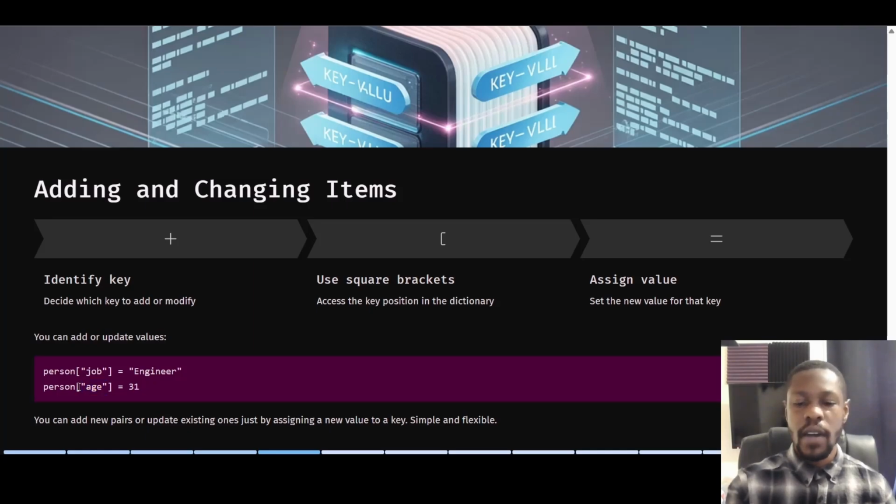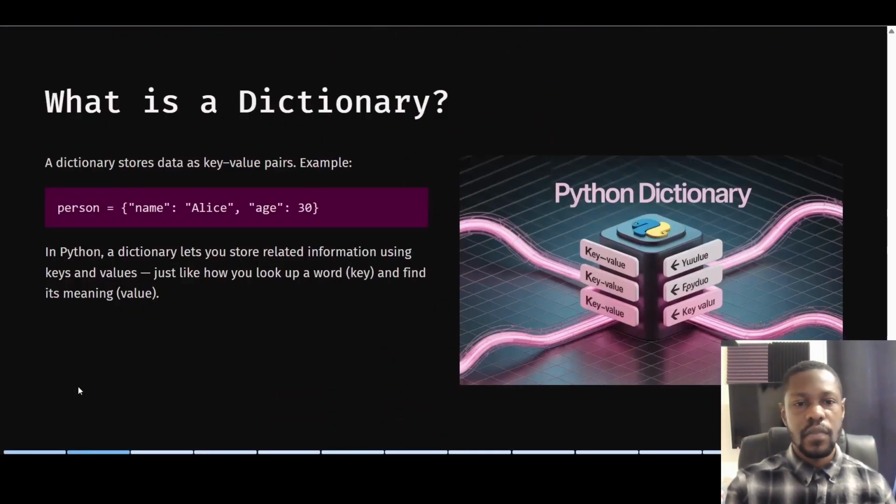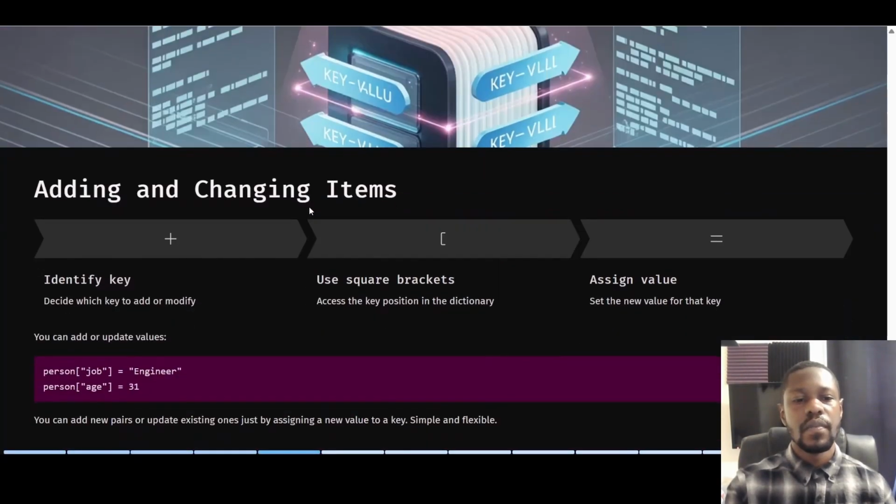So if we go back, the age for Alice is already set to 30. So when we're looking to update the value, if we call person age, the computer already has it stored in its memory as 30. So when we do person brackets age and put 31, that's just going to simply update. Whereas when we do person job, since the key-value pair of job does not yet exist, it's going to add job to this dictionary.